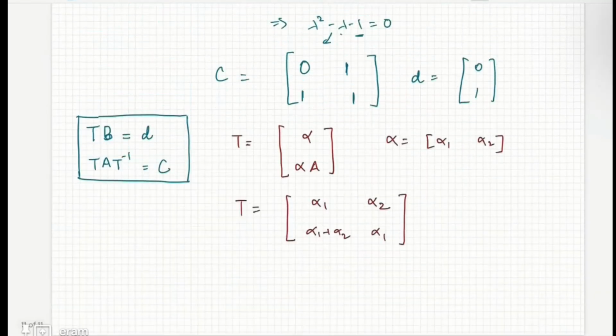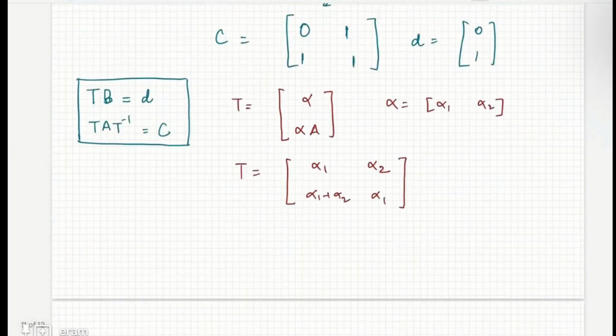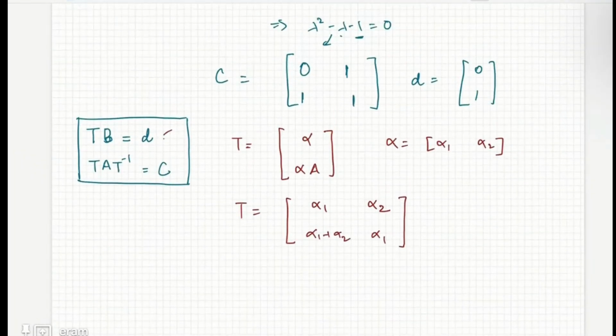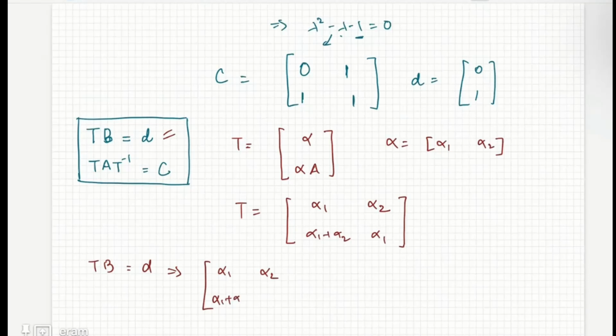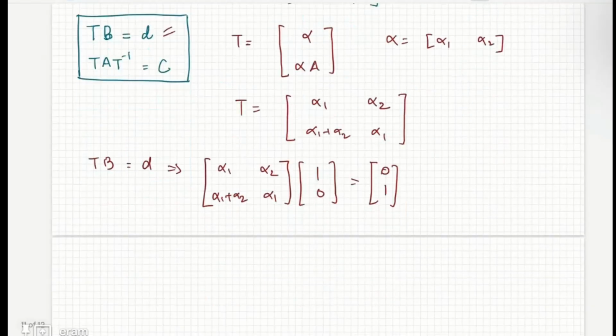Now in order to find alpha 1 and alpha 2, we can use the conditions. T into B should be equal to D. That means [alpha 1, alpha 2; alpha 1 plus alpha 2, alpha 1] into B, which is [1; 0], should be equal to [0; 1]. This gives us alpha 1 equal to 0 and alpha 1 plus alpha 2 equal to 1.